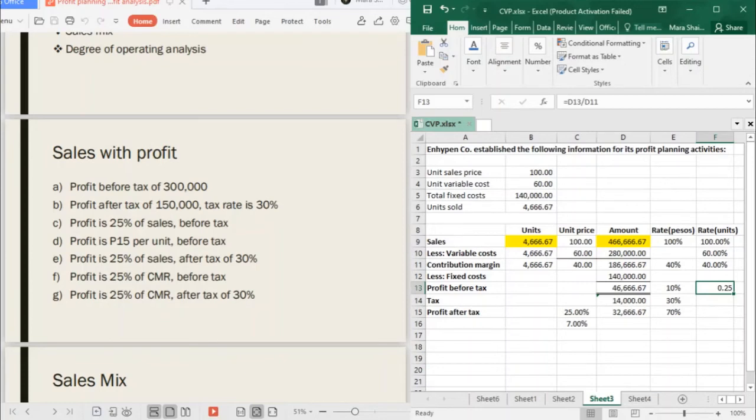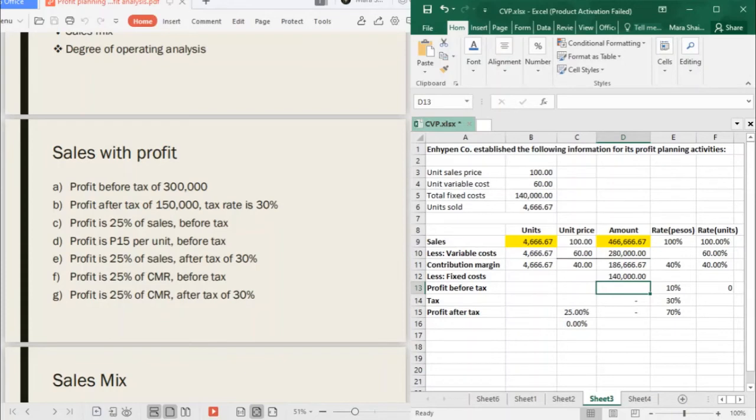Now let's move on to letter G. This one is after tax at 30%. You combine this with letter E. Remember how you got your net profit rate.